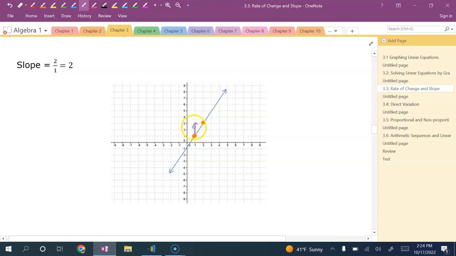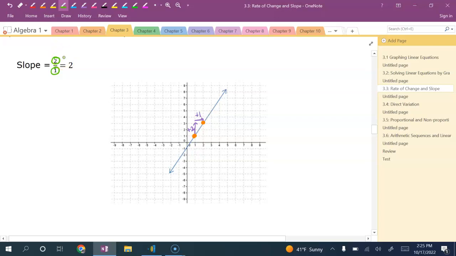Well, I went up 1, 2, so that would be a positive 2. And then I looked to see how far over I went, which was just 1 to the right, so that's plus 1. So I took that 2 and put it on the top, and the 1 on the bottom. And so I wrote it as 2 over 1, or just 2.